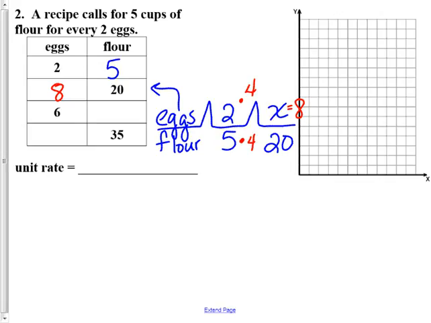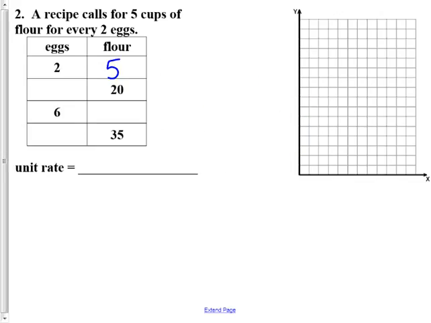If you can look and see, well, the 2 numbers that I knew were I had 5 cups of flour, and I wanted to find out how many eggs for 20 cups of flour. Well, in going from 5 to 20, I used 4 times as much flour. If I use 4 times as much flour, then I also need, you guessed it, 4 times as many eggs. So I can do 2 times 4 to get that 8 that belongs there. You could do that way.